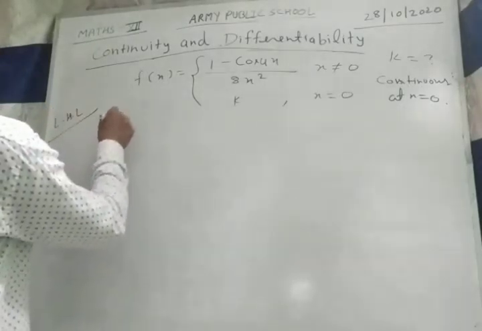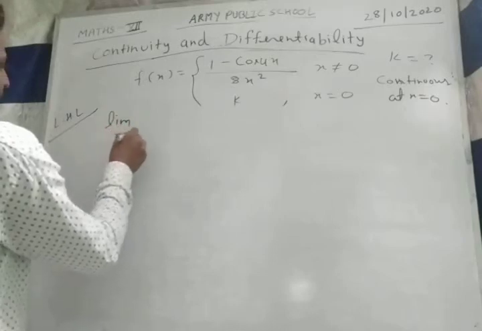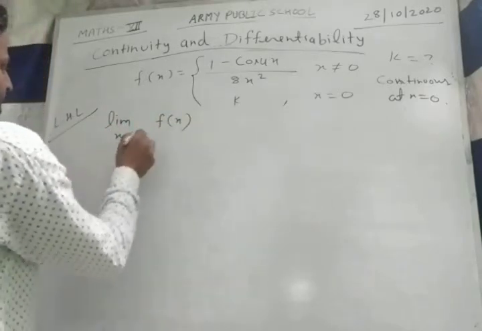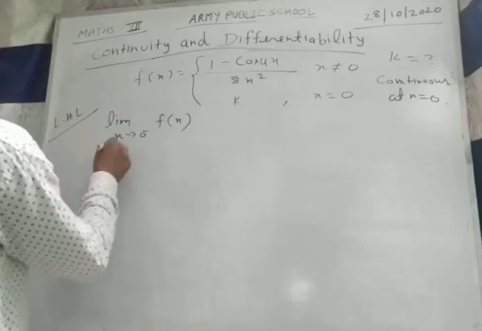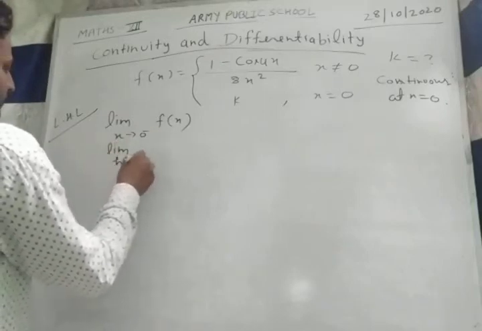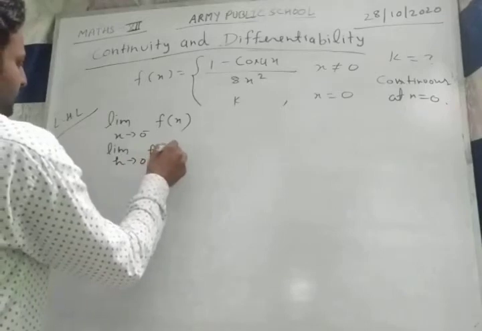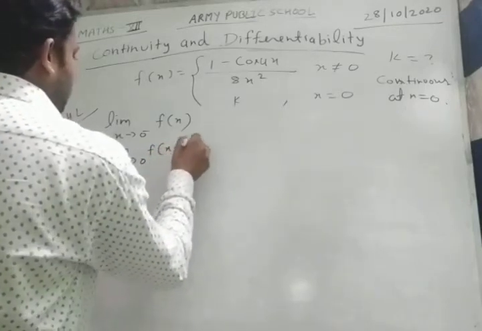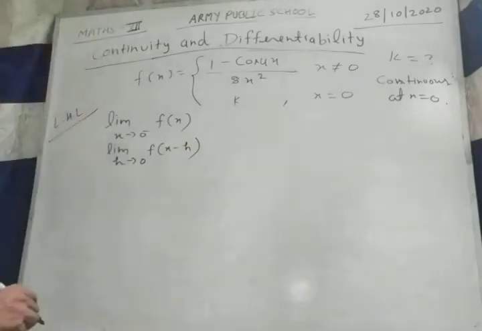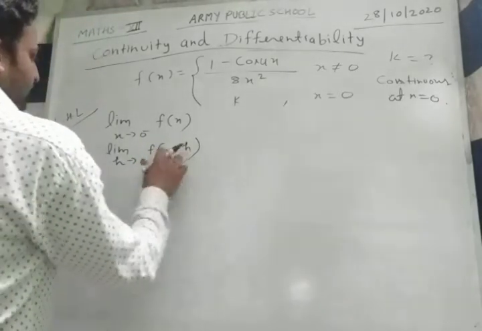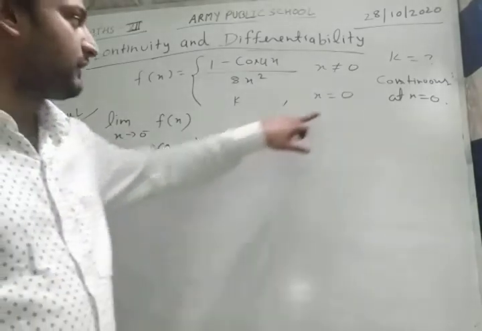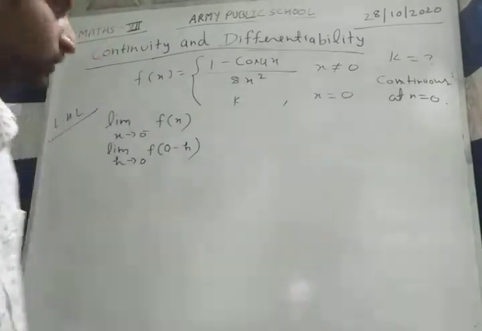Limit x tends to 0⁻ of f(x) is limit h tends to 0 of f(0 - h), because we have to check the value at x = 0.